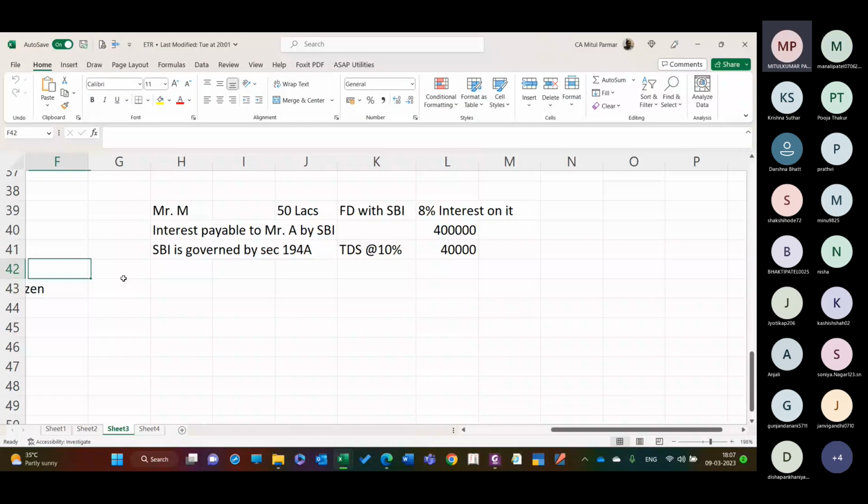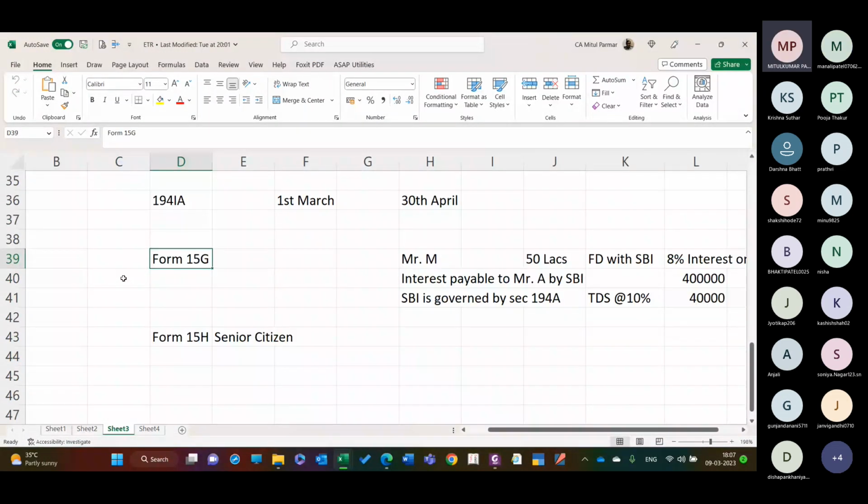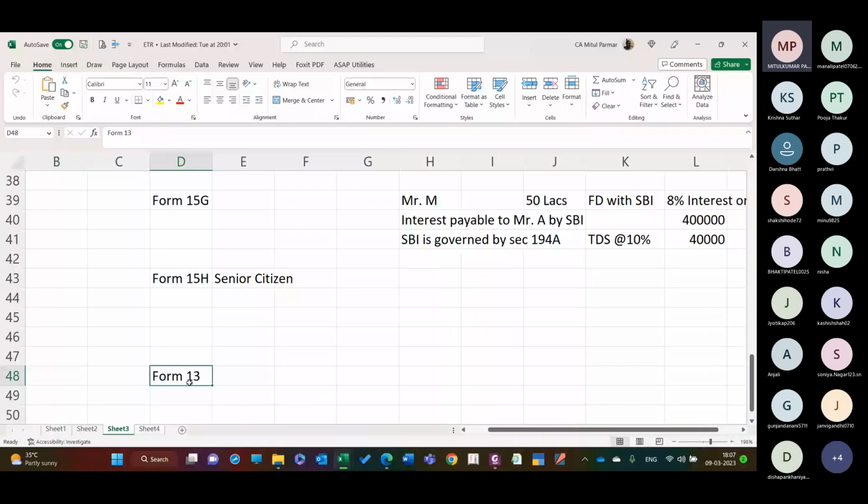तो हमने ये 15G और 15H के बारे में पढ़ा था। आज हम उससे आगे जाने वाले हैं, फॉर्म नंबर 13, right? So what is the utility of form number 13? हालांकि ये फॉर्म नंबर 15G और 15H के बारे में बहुत कुछ मटेरियल के अंदर नहीं लिखा हुआ है, but as I explain to you with this example, के Mr. M है और उसका इंटरेस्ट 10 लाख है SBI के साथ या कोई भी nationalized bank या कहीं पे भी FD करके रखी है और उसके ऊपर कोई इंटरेस्ट मिल रहा है तो TDS कट जाएगा.